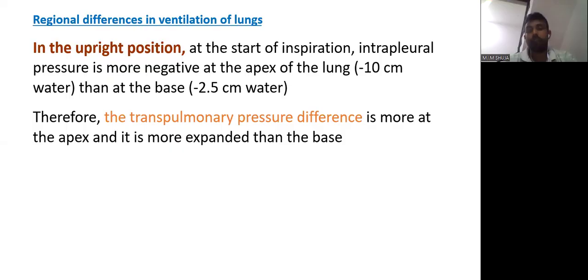Therefore, the transpulmonary pressure difference is higher at the apex. Because of this, the alveoli in the apex are already dilated. The alveoli in the base are less dilated because of the lower transpulmonary pressure compared to the apex.